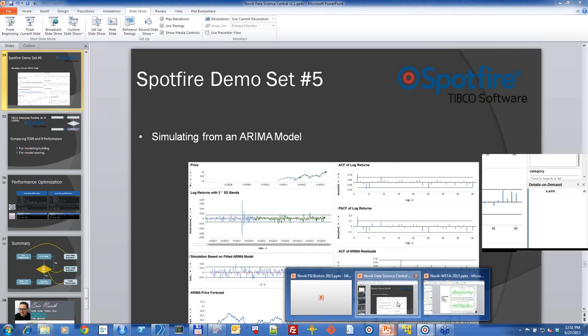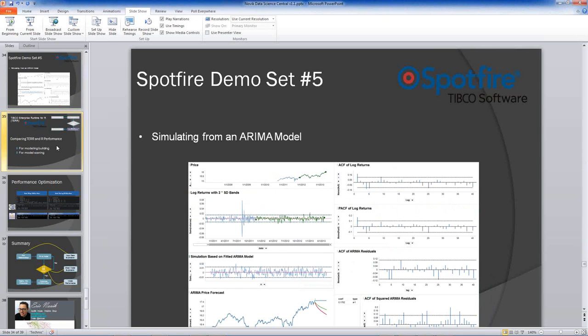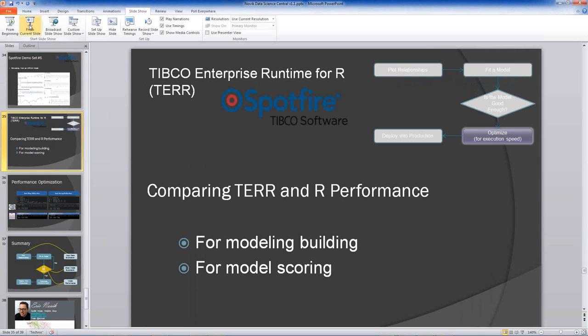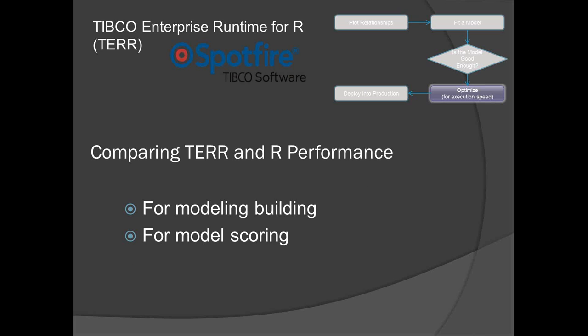Okay, so I'm almost done. I mentioned that one of the things we try to do is not over-optimize, or not have a separate process for optimizing the code. And this is where we work very closely with R. Some of these models that you've seen are written in R, and they're baked directly into Spotfire.